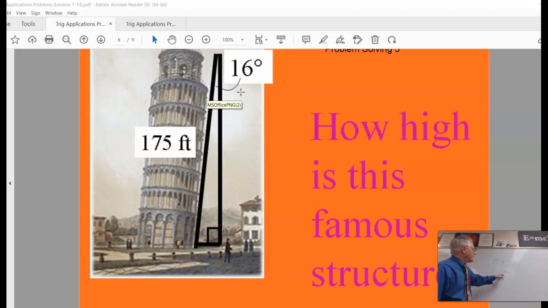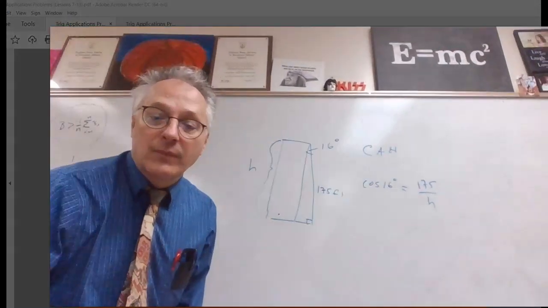So what do we have here? We have an adjacent side, and we're looking for a hypotenuse. Cosine is adjacent over hypotenuse. So cosine of 16 degrees is equal to the adjacent, 175, over the hypotenuse, which we don't know. We'll call it h for the height of the tower, or the hypotenuse of the tower.